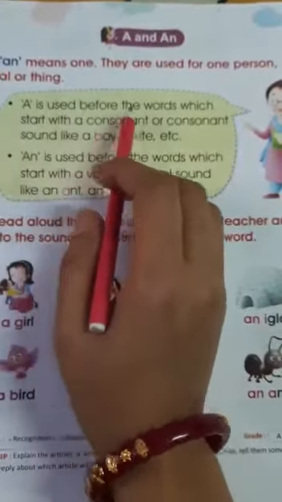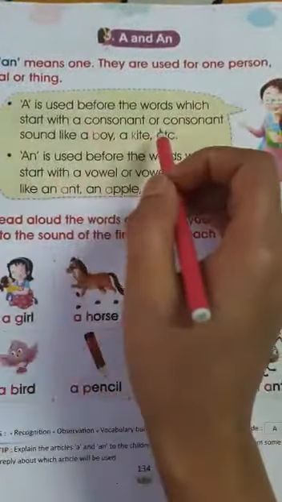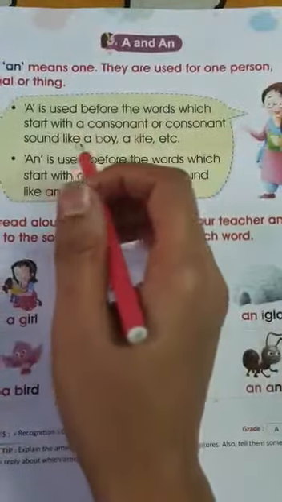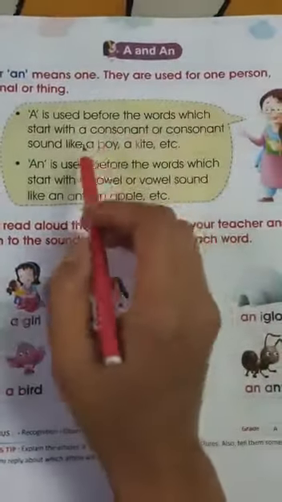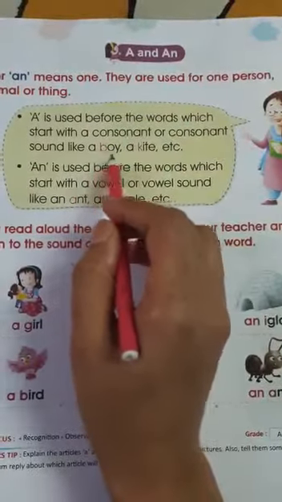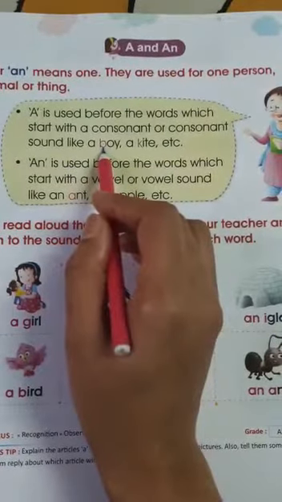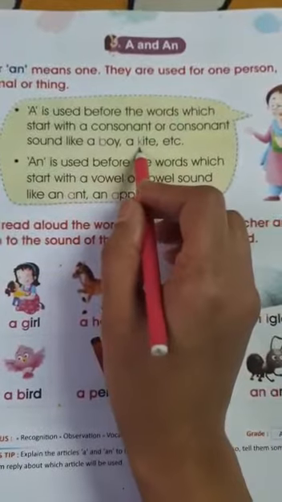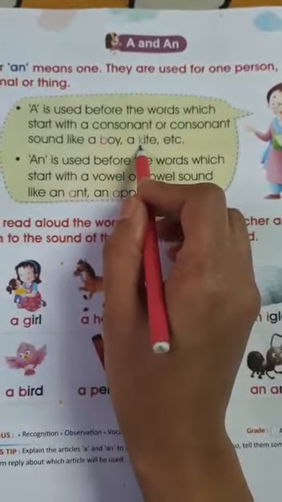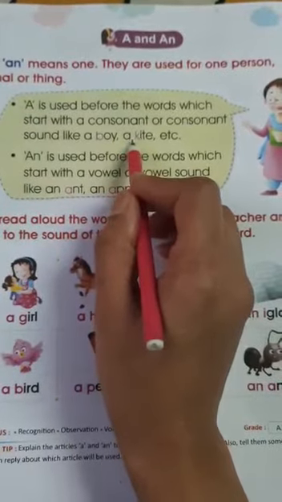A is used before the words which start with a consonant or consonant sound, like boy, kite. Look at this word boy, the starting letter is B and B is a consonant, that's why here we use A. In this way, kite, starting letter K, so K is a consonant, that's why here we use A.